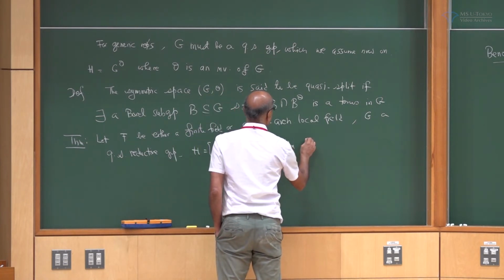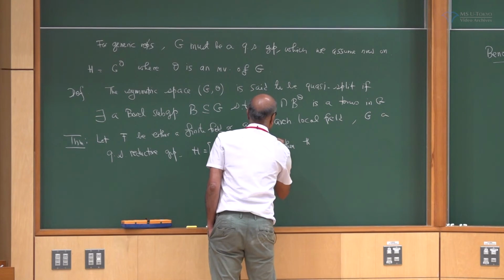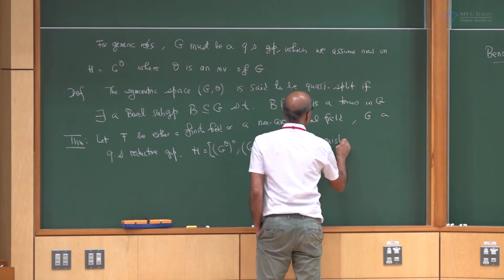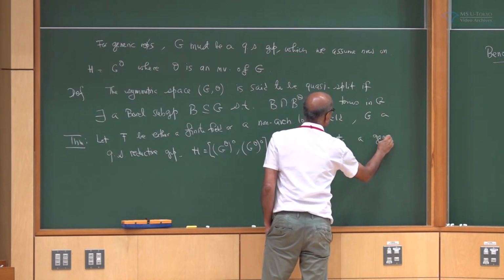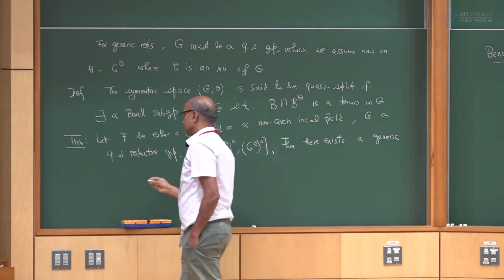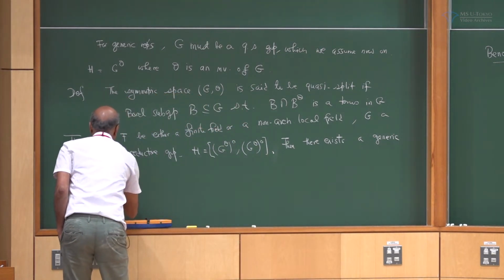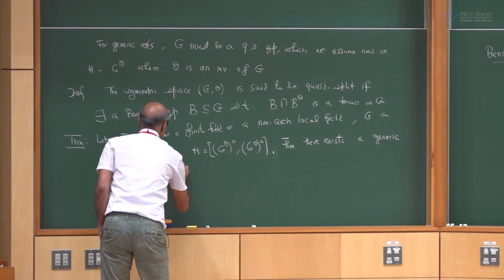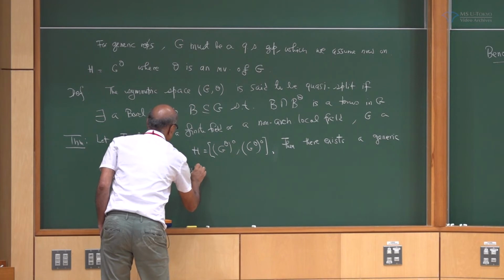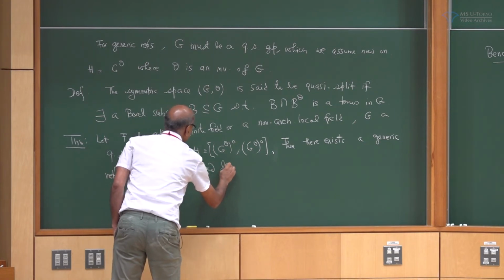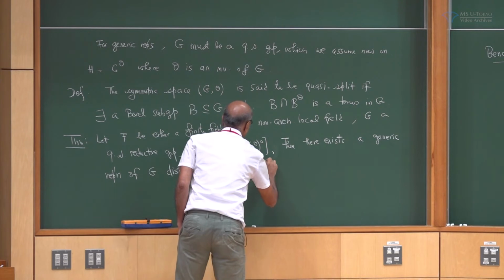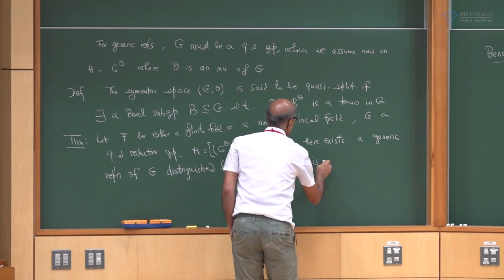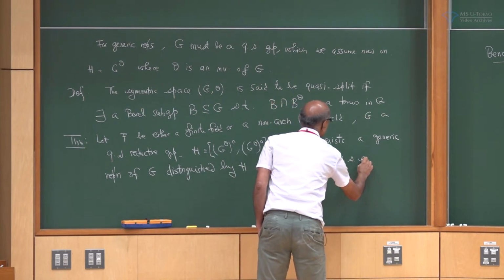Then there exists a generic representation of G distinguished by H if and only if G comma theta is a quasi-split symmetric space.